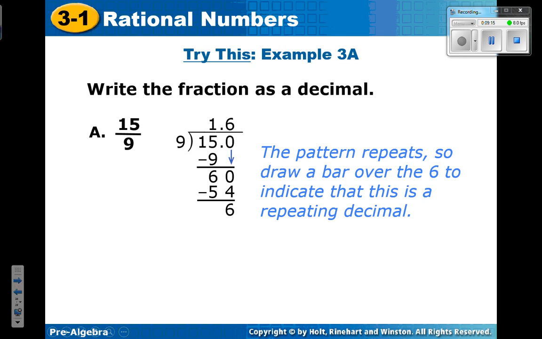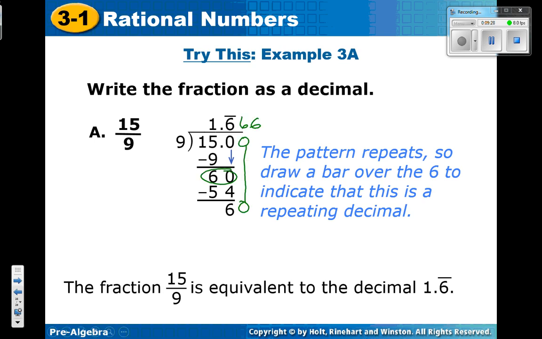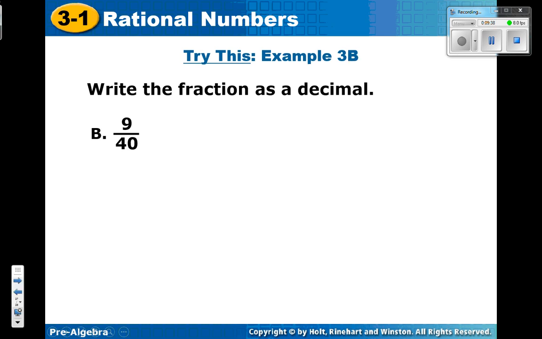And then you can see that the same thing is going to happen again because we had 60 here, and if you brought down another 0, you'd just get 60 again, and you'd keep getting 6s, okay? So the correct answer is just going to be 1.6 continuous with the line only over the 6. So that's called a repeating decimal.